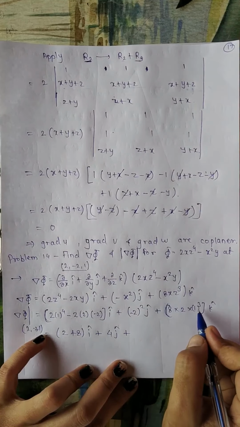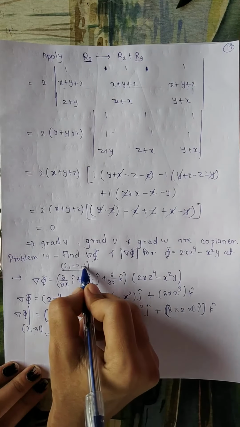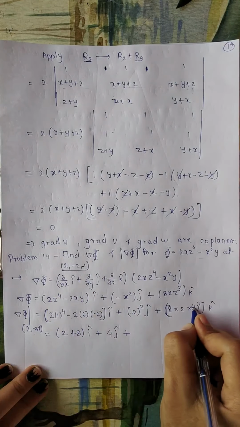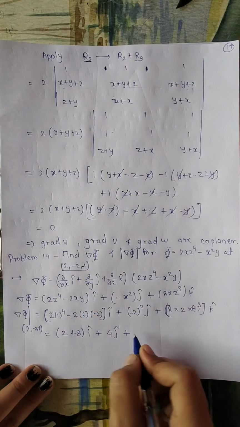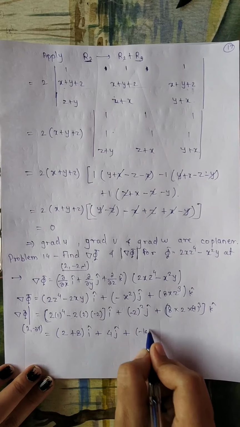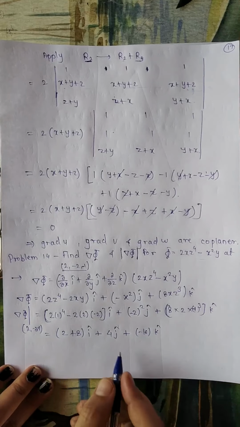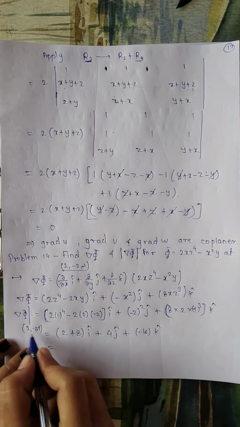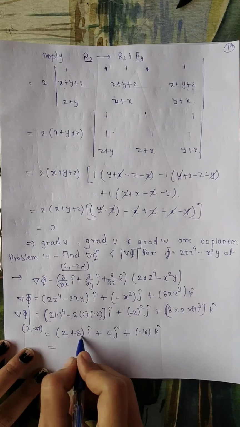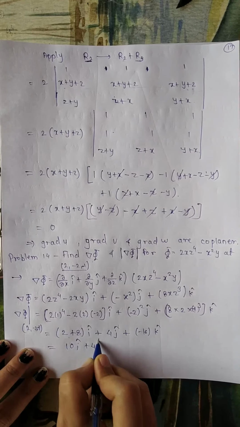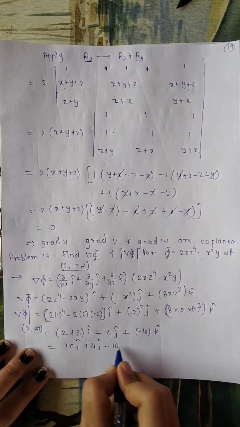So here z is positive 1, so we will get minus 1 cube. That means this will become minus 16 k cap. So this is the value of del phi at this point: 8 plus 2 is 10 i cap plus 4 j cap minus 16 k cap.